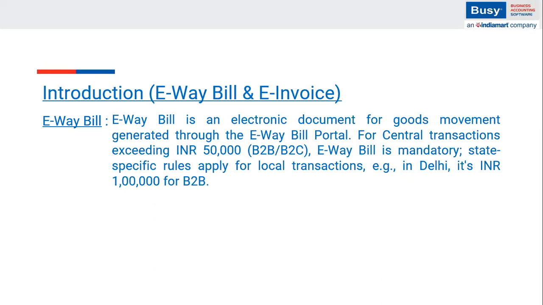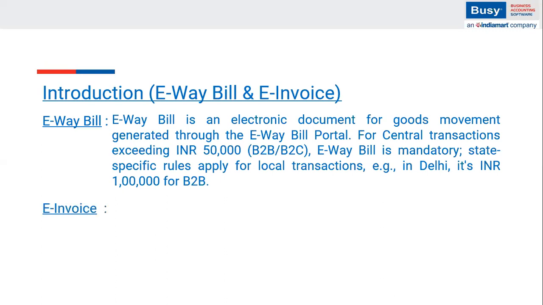So in case of Delhi, the limit is more than 1 lakh. So if the invoice is a B2B invoice of more than 1 lakh, then this is compulsory. You have to generate e-way bill, and after generating the e-way bill, you can transport your material. So these are the conditions for generating e-way bill. I will show you in the practical demo.